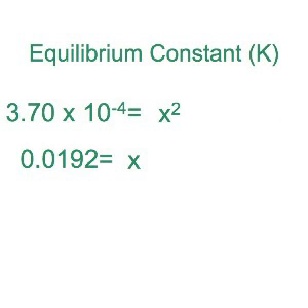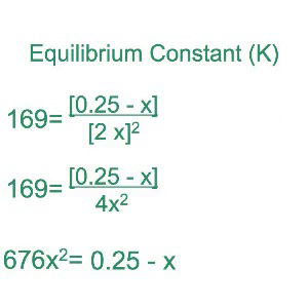When I plug in, by the way, let's make sure you're plugging in properly. I have x equals the opposite of 1 plus or minus the square root of 1 squared minus 4 times 676 times negative 0.25, all divided by 2 times 676.